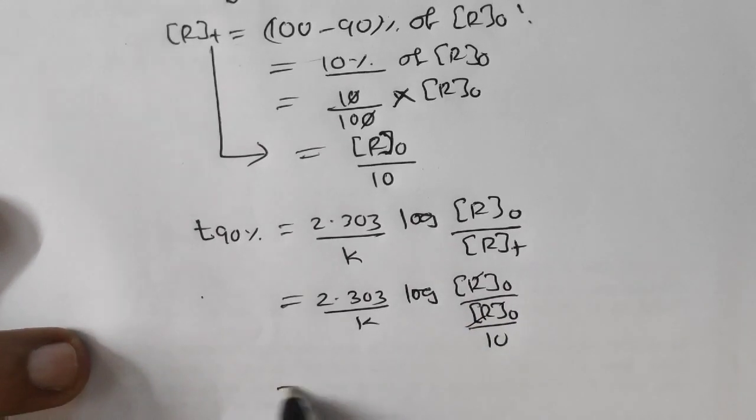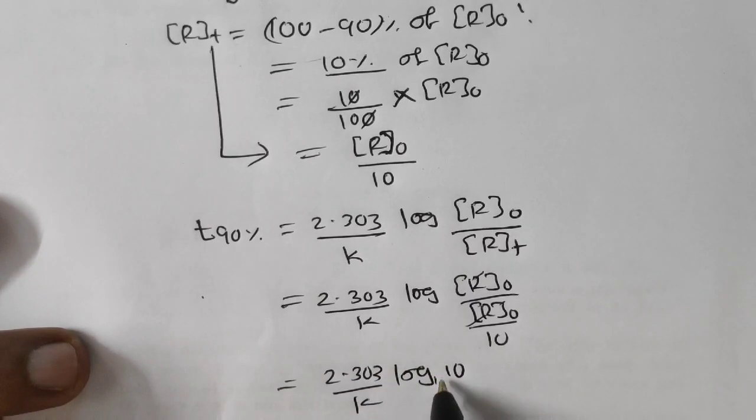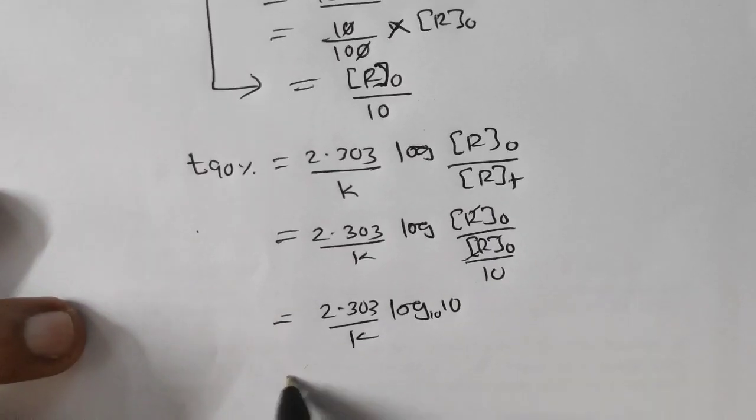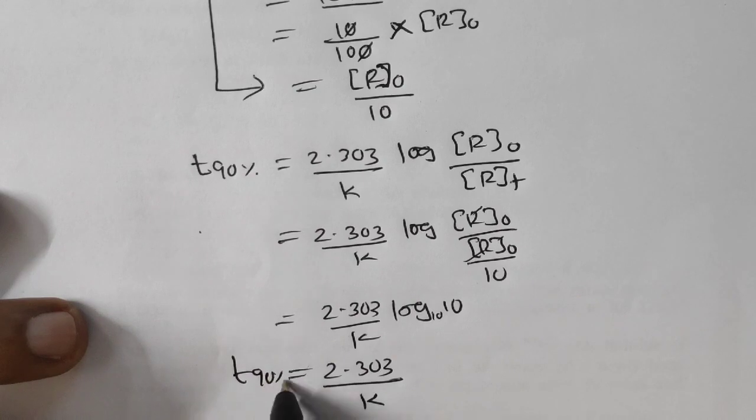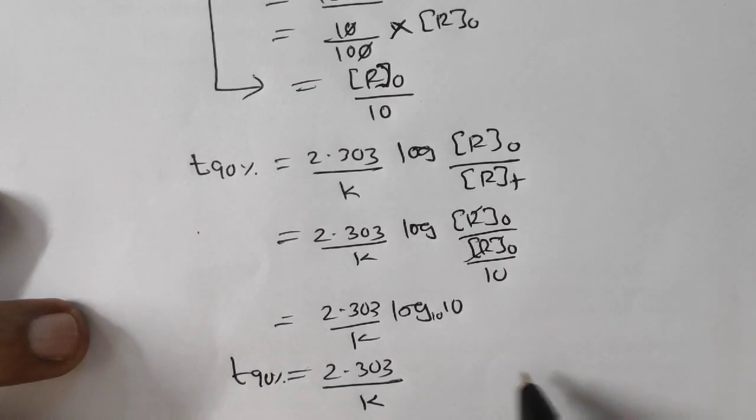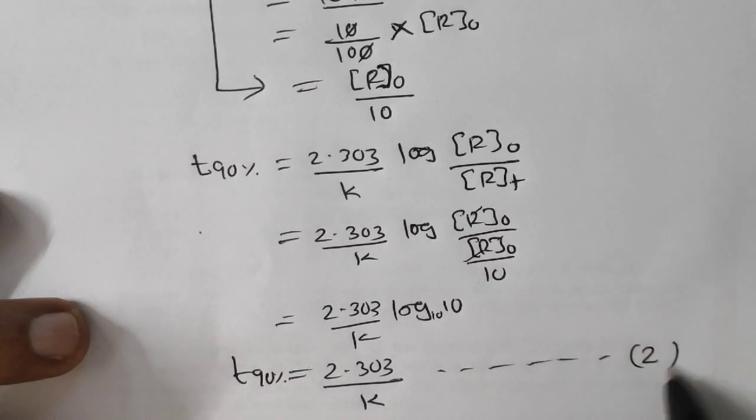This R0 will get cancelled, 10 will go up. So 2.303 by K log 10. And we know log 10 to the base 10 is equal to 1. So t90% is equal to 2.303 by K. Okay, so this we will give as equation number 2.